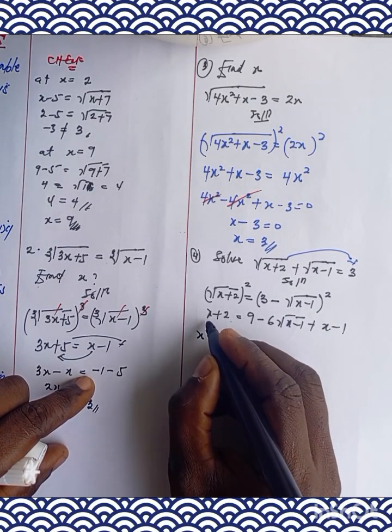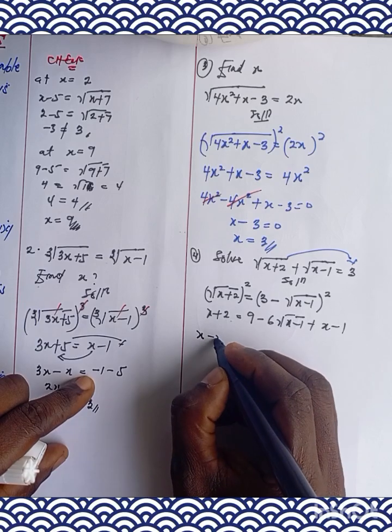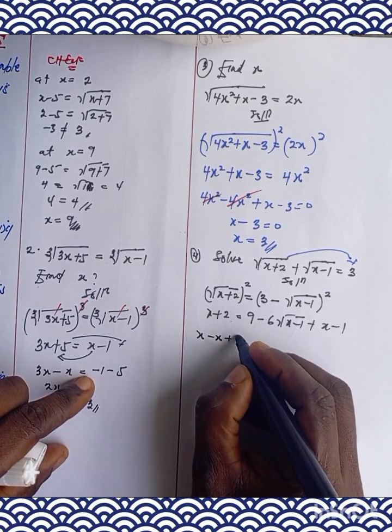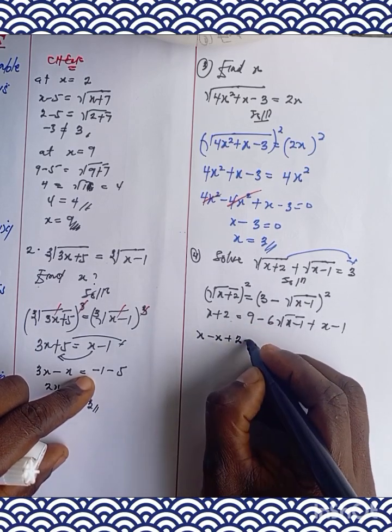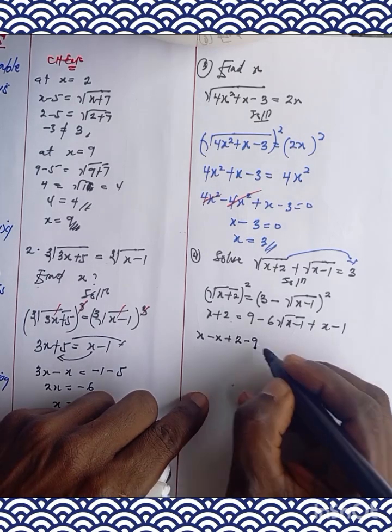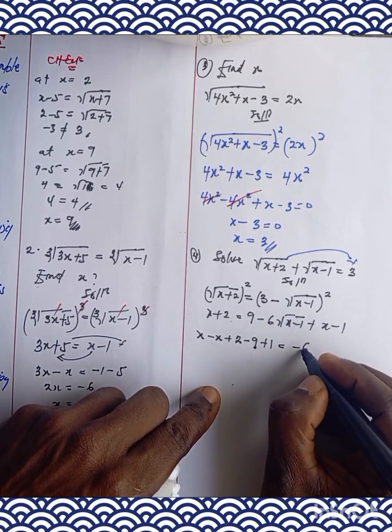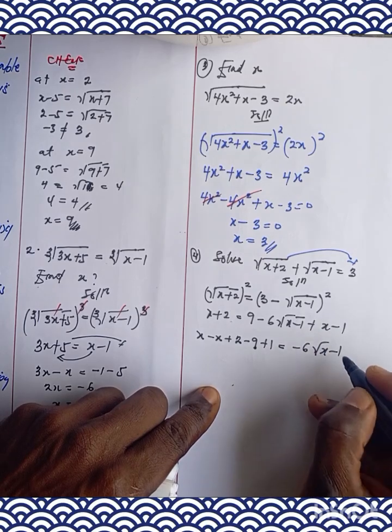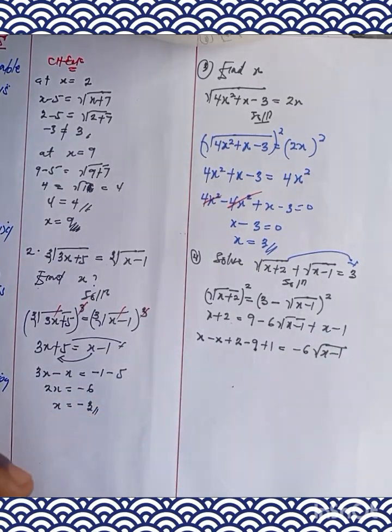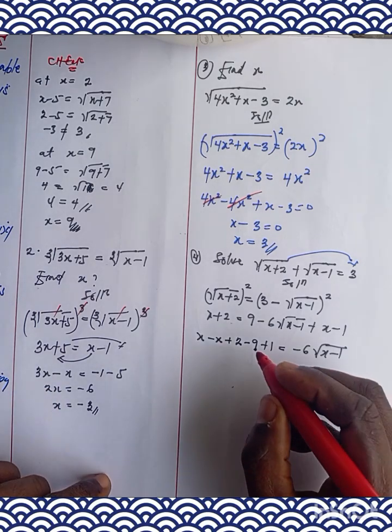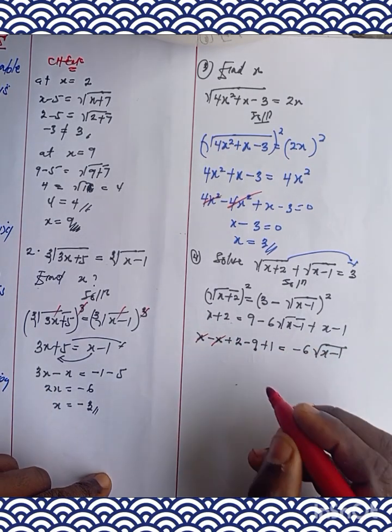So we are getting x, which is here, minus this x, plus 2 minus 9 plus 1 is equal to minus 6 root of x minus 1. I hope you can see that. So you can see that this and that will go.